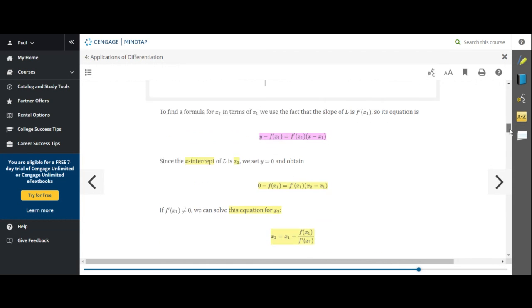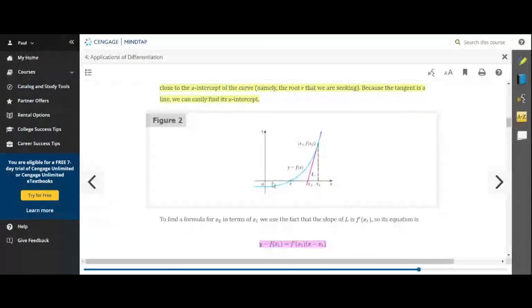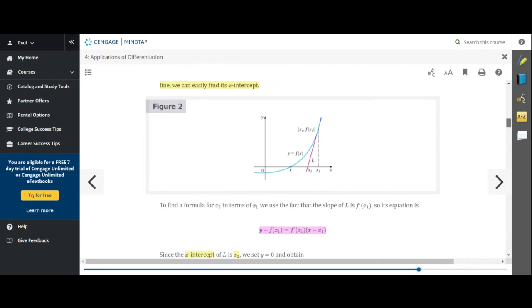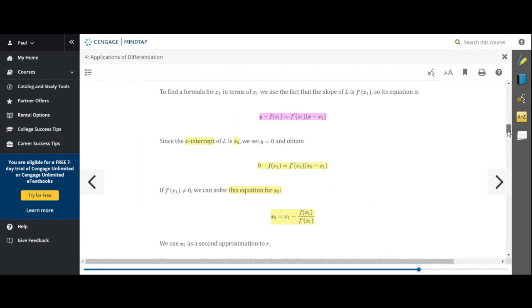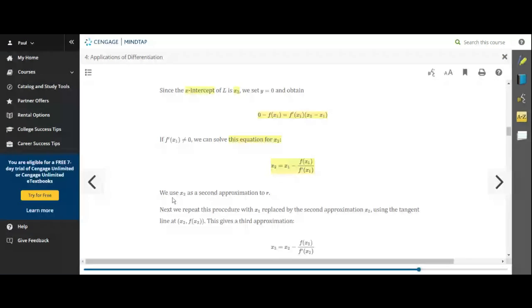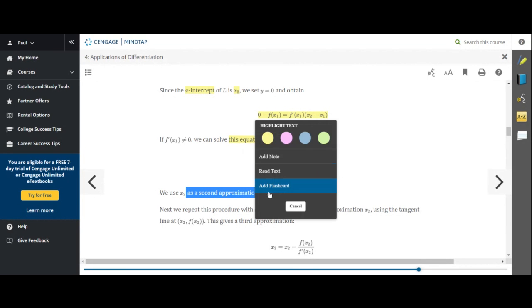You had to pick a point on the x-axis close to the root r, and then using the tangent line at the point on the curve, x1, f of x1, you're able to get an x2 estimate to the root. And x2 is better than x1. So you use x2 as a second approximation to the root r.